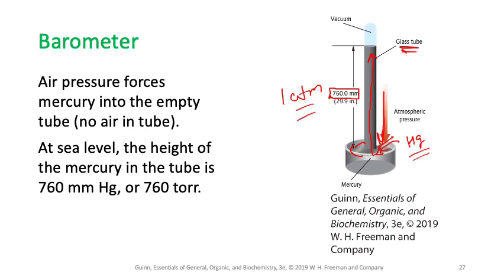The higher the atmospheric pressure at the location where you're using the barometer, the higher the mercury rises in the glass tube, compared to where you have lower atmospheric pressure, where you will get a lower rise in the height of the mercury in the inverted glass tube. So this is how you can measure the atmospheric pressure at different locations.